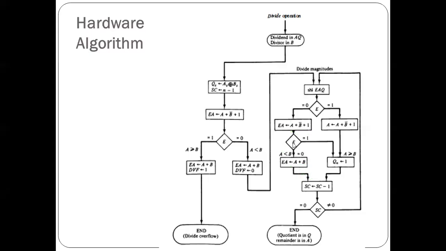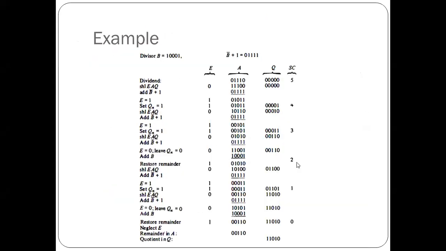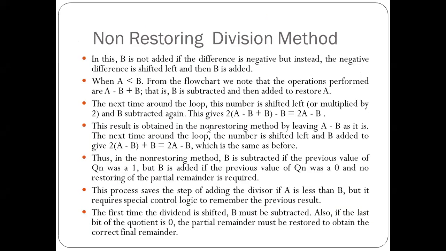So rather than adding back again to A, we have another method called the non-restoring method. In restoring method, A minus B we are doing. If A is less than B, we will add B. In the next time around the loop, the next operation is shift left, which is nothing but multiplied by 2.